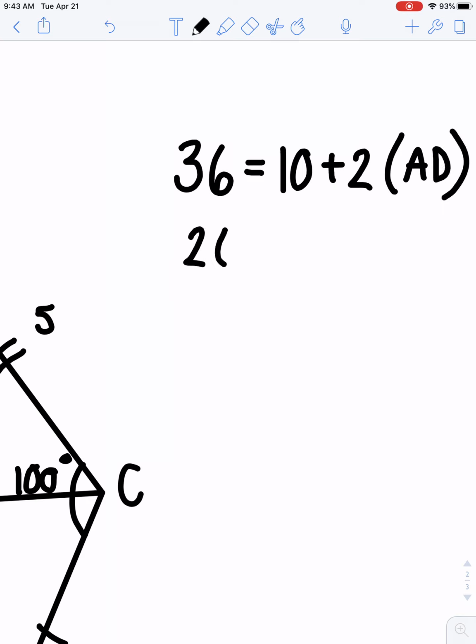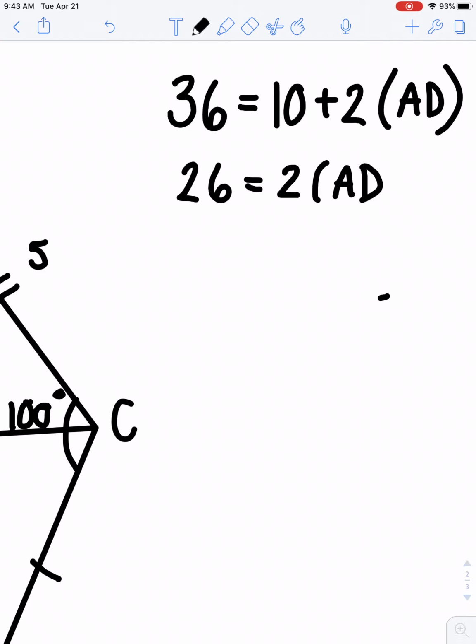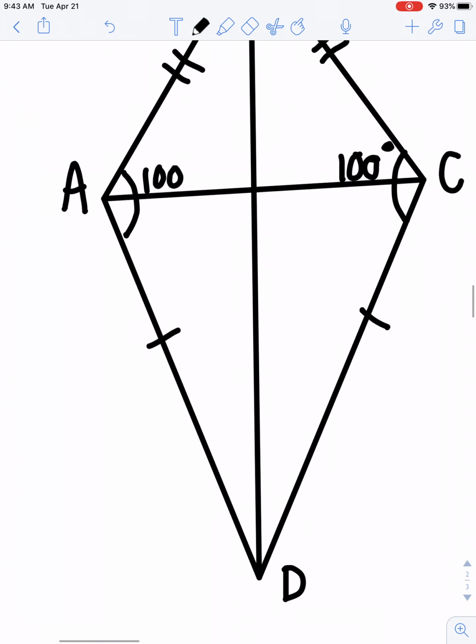So if we simplify, we get 26 equals 2 times AD, meaning that side AD is going to equal 13. So we can go ahead here and label it in both.